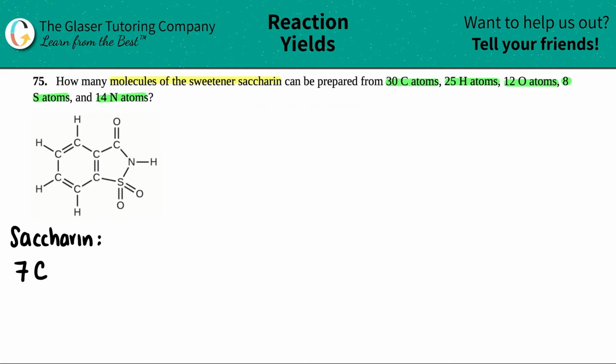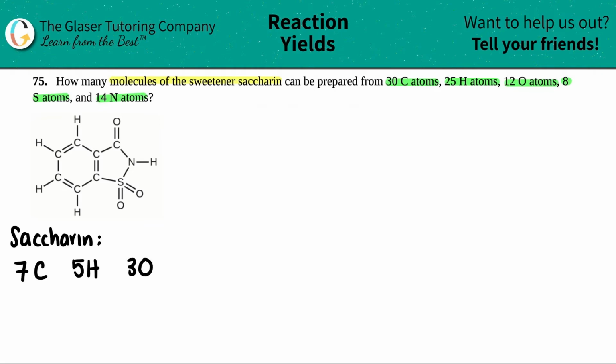Let's go on to the next one. The next one they said was hydrogen, so let's just count that out. I see 1, 2, 3, 4, 5 hydrogens. Doesn't look like I'm missing any, so I need 5 hydrogens here. Let's move on to the next one, oxygen. So I see an oxygen here, 1, 2, 3. So I got 3 oxygens.